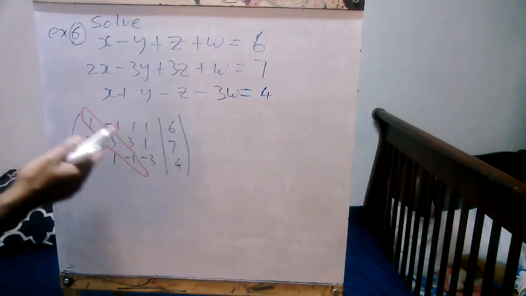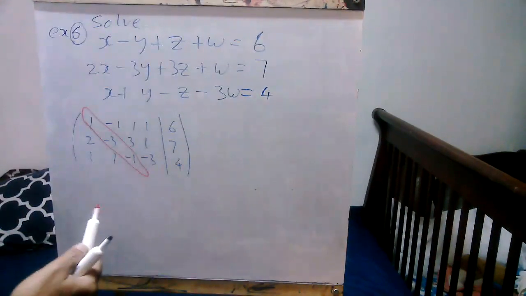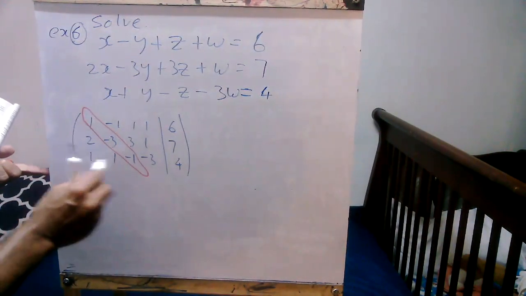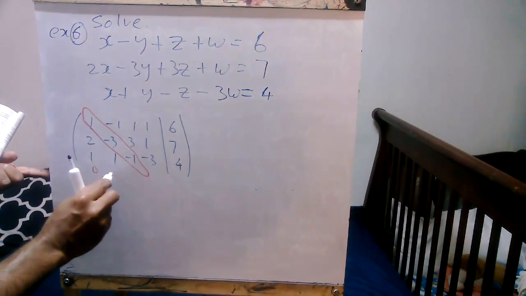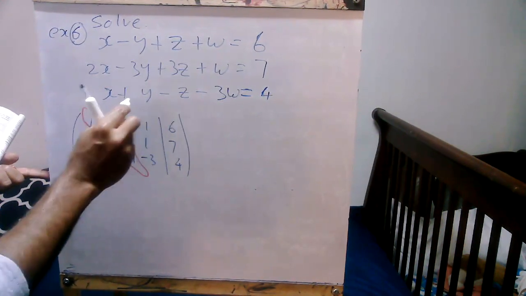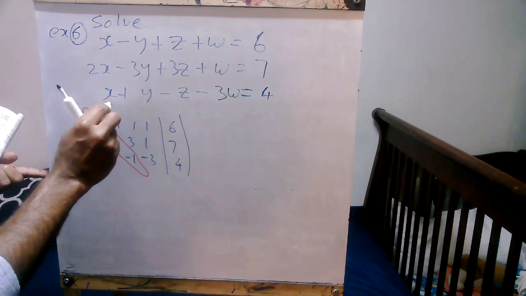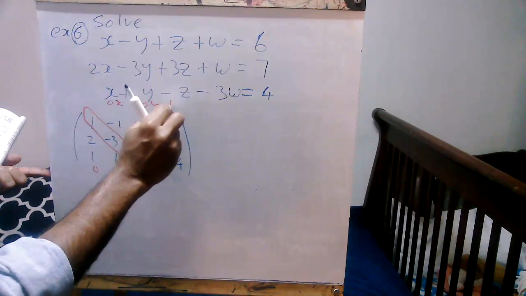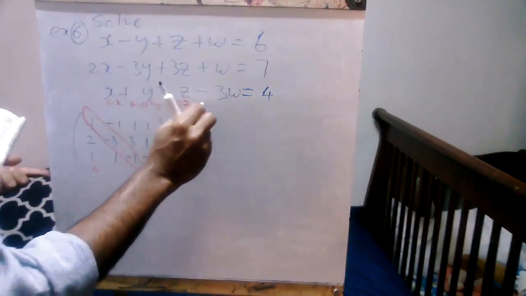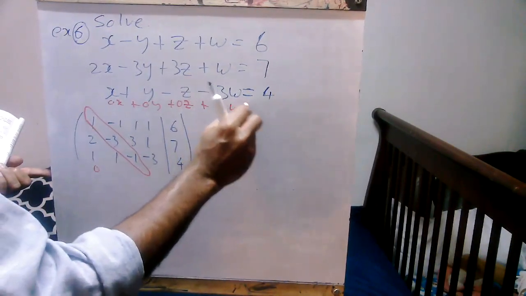To have a diagonal, we have to have a square matrix. In that case, you may assume we have a fourth equation like this: 0x plus 0y plus 0z plus 0w equal to 0.